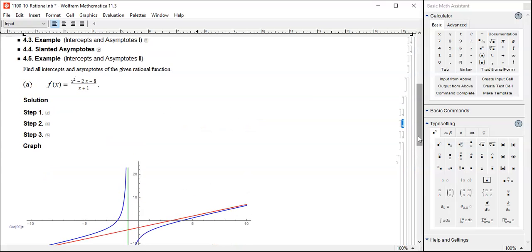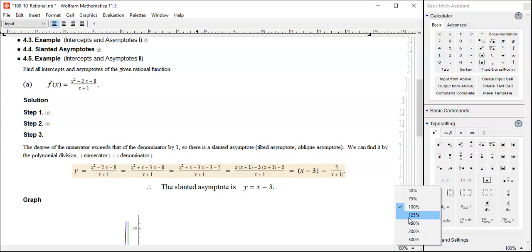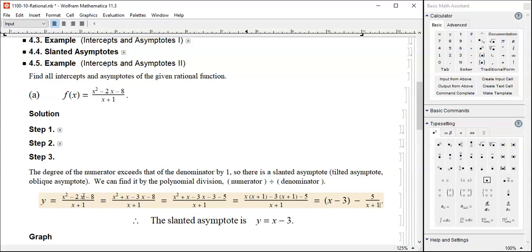We get it by polynomial division. I can use long division, but I'll leave the long division process to you. I took a bit of a shortcut here, and let me tell you about the shortcut because this is going to be a little less time consuming. Let me expand the font a little bit. All right.